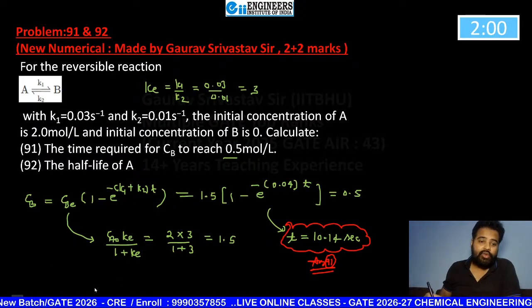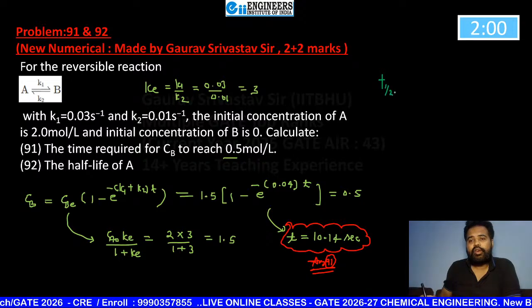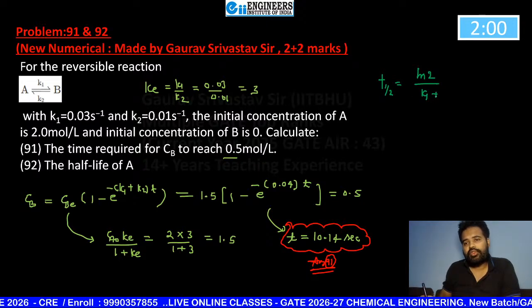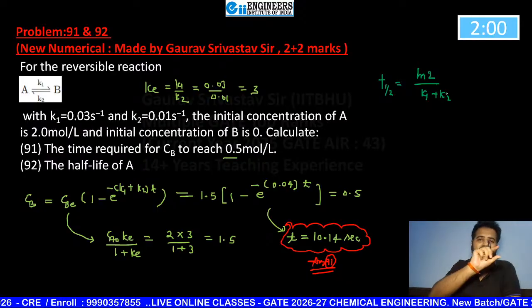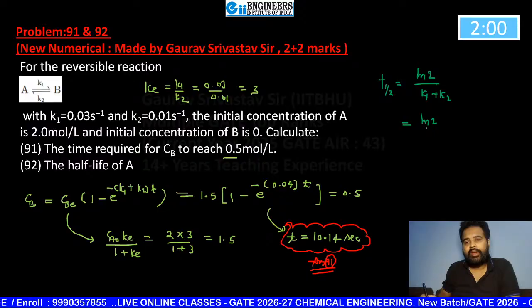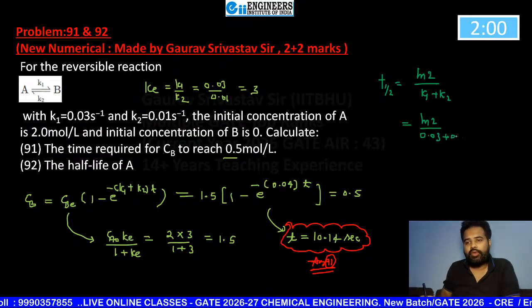Okay, now second one, as I told you that please remember it. So you already remember that t half here is ln of 2 upon k1 plus k2, because it is similar to simple first order irreversible reaction. Ln of 2 and upon what was k1, so 0.03 plus 0.01.